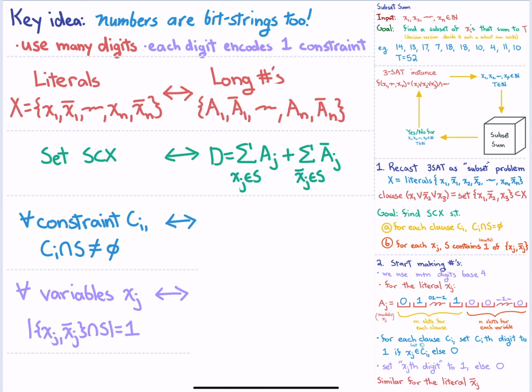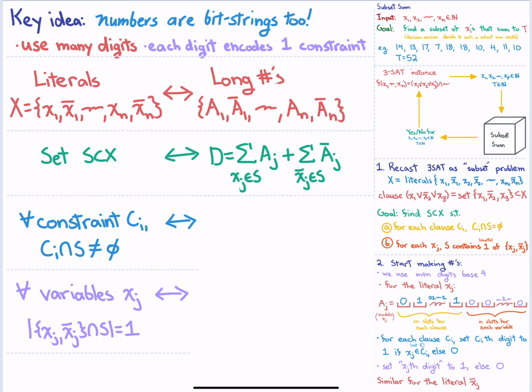D is equal to the sum. So if you look, you see how I'm only summing over xj in S and xj bar in S? Okay, so D is just what I'm calling the sum. It's a new thing. Yeah, so just a name.